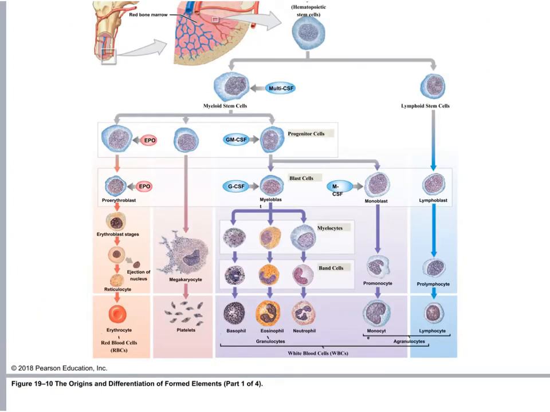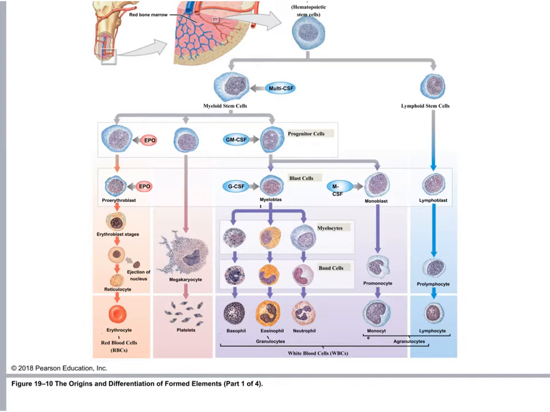So we do want to talk about the production of all of these cells, your red blood cells, your white blood cells, your platelets, and where they're produced. The white blood cells are going to be produced from these cells that we call hemocytoblasts.